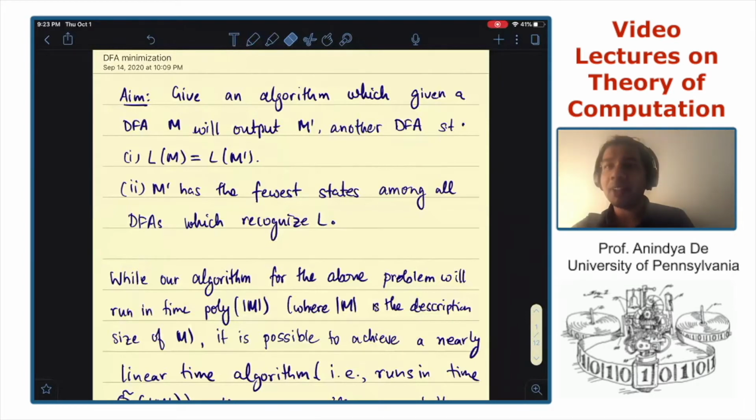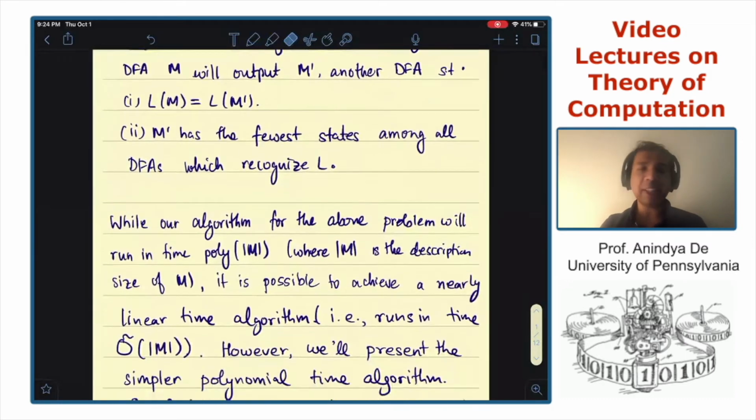So in particular, it's an effective version of the non-constructive thing I mentioned earlier. It's giving an algorithm to compute the smallest DFA for a regular language L, where the regular language L is being presented to us through a DFA computing the language. So this will be the goal for this video.